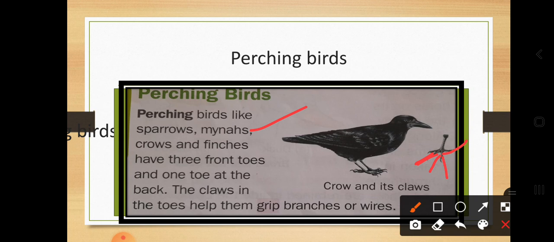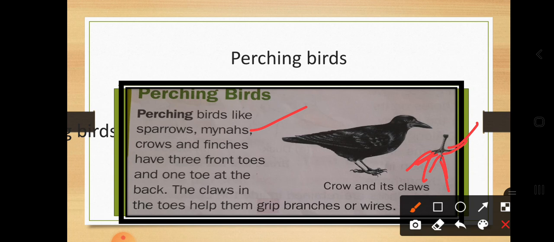They have three toes on the front side and another one on the back. These are the toes you can observe in perching birds. These claws and toes help them grip branches or wires.